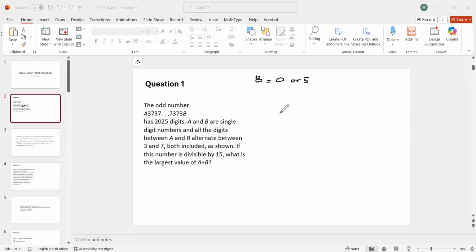And it's also a multiple of 3. The sum of the digits is a multiple of 3.